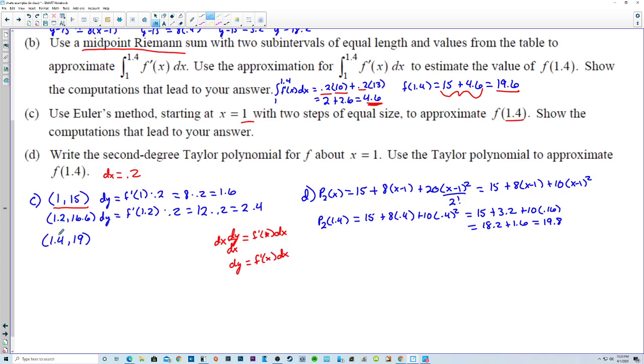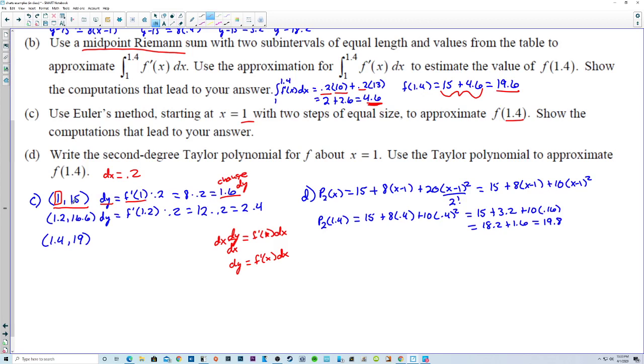So the change in y is the derivative at 1, because we're at 1 right now, that's the x value, times 0.2. Well, f prime of 1, if you look at the chart, is 8. So 8 times 0.2 is 1.6. That's the change in y.